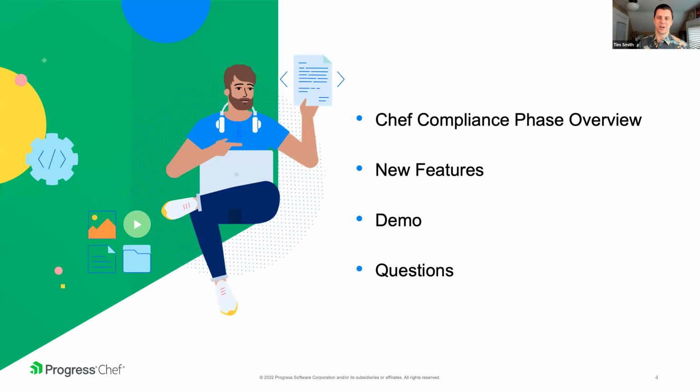All right. Well, with that, I'm going to take it away here. This is kind of what we're going to be talking about today. You'll see Dan in a bit when we get down to the bottom there at the demo, but first we're going to start off talking a little bit about what the compliance phase is for anybody that's not super familiar about the compliance phase and what we've launched and what we've been working on lately. Then we're going to talk about some of the new features in compliance phase. This is something that we're continuing to evolve as we get feedback, as we see where it's working and see where we can improve it.